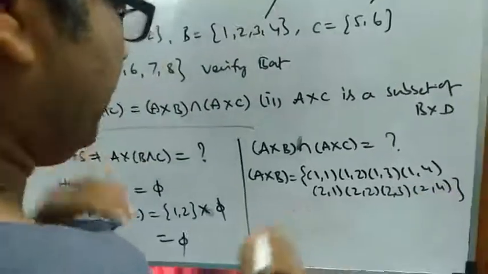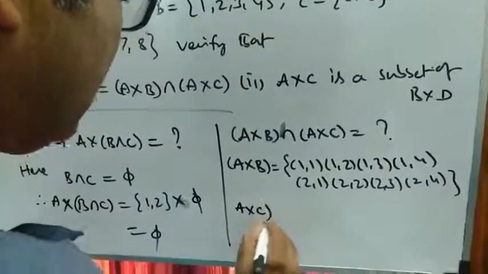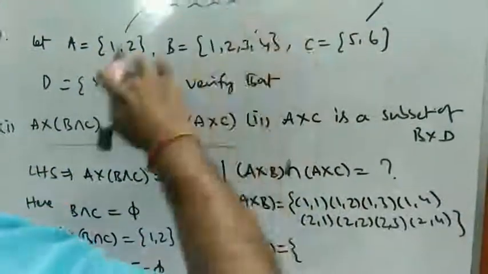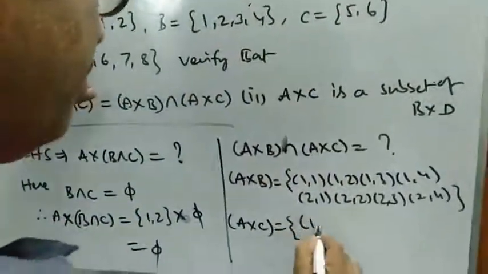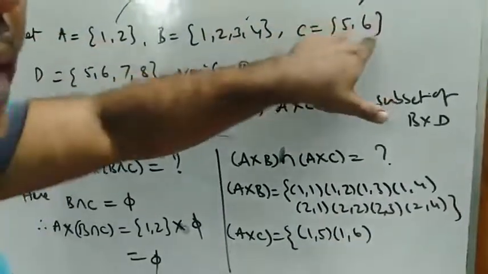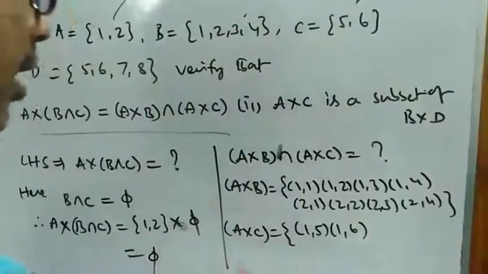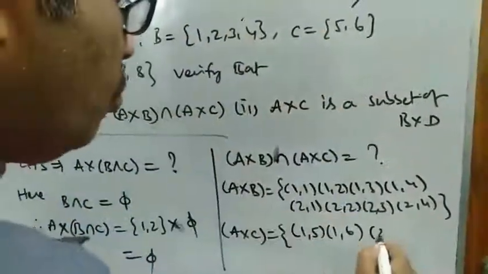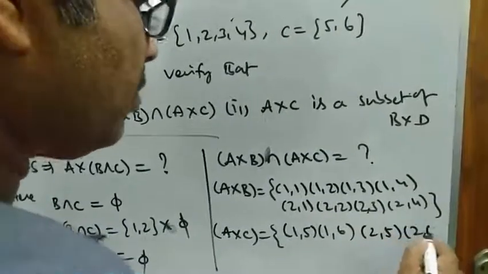This is A cross B. Similarly A cross C. Here 2 elements and here also 2 elements, so A cross C will contain 4 ordered pairs: (1,5), (1,6), (2,5), (2,6).